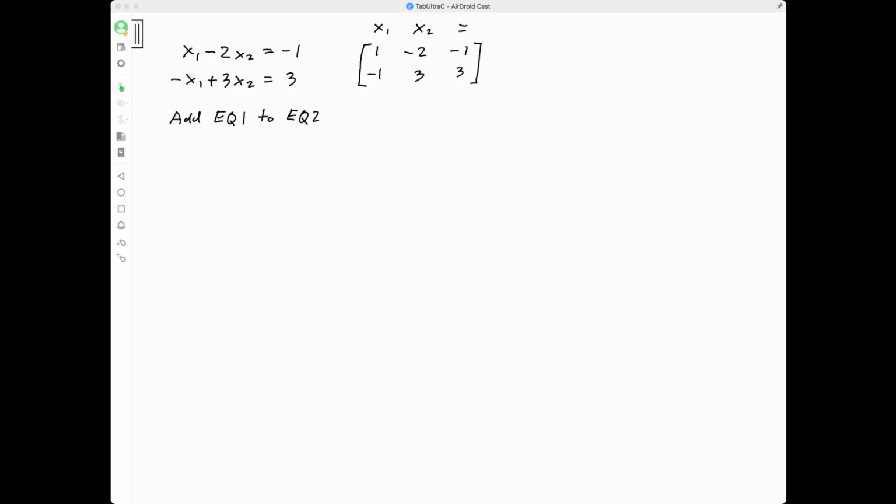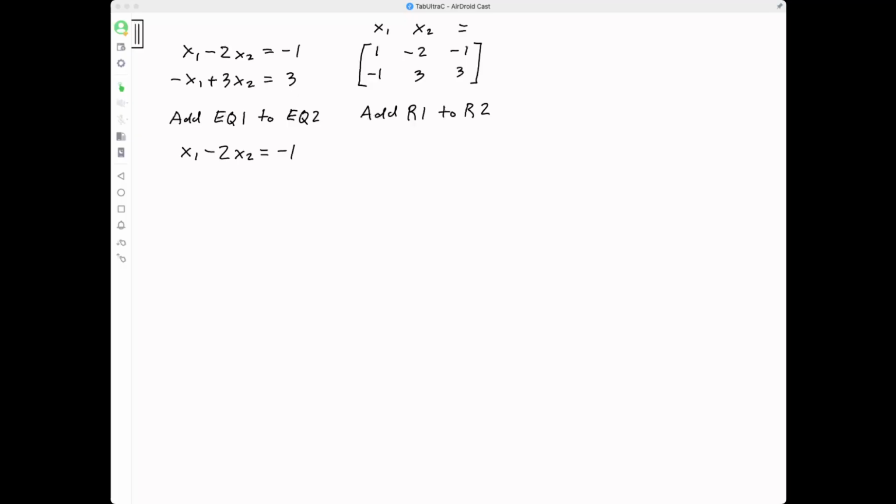And the equivalent thing to do in the matrix is add row 1 to row 2. So when I add these together, I'm adding equation 1 to equation 2, so equation 1 stays the same. So I'm just going to copy that down. And then when I write down equation 2, I'm going to add equation 1 to it. So I've got negative x1, but I'm adding x1.